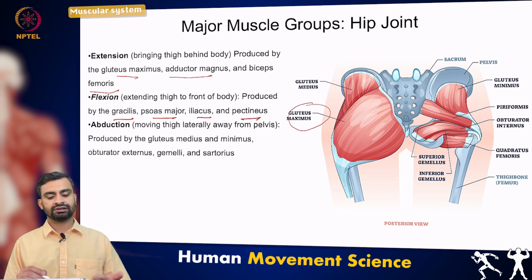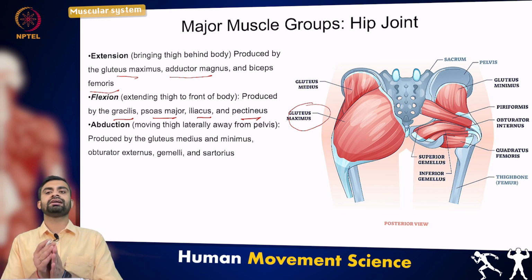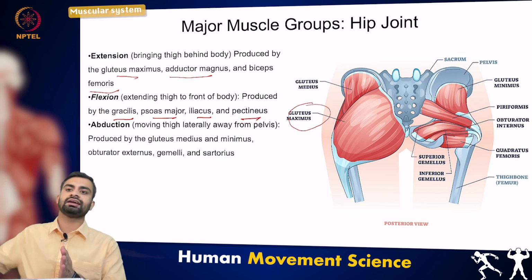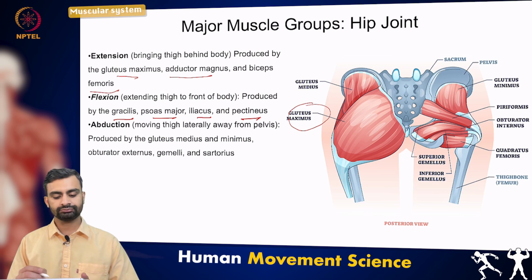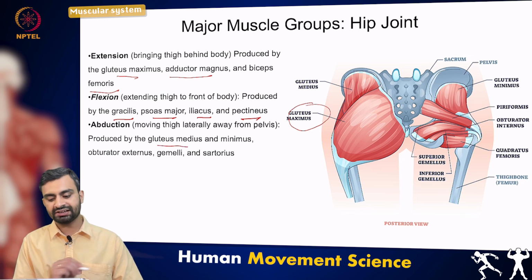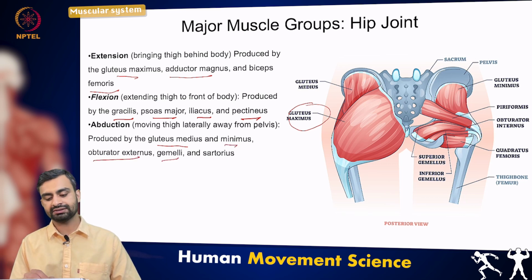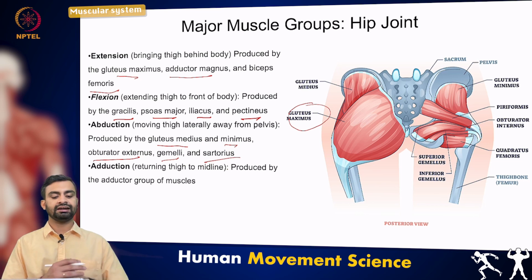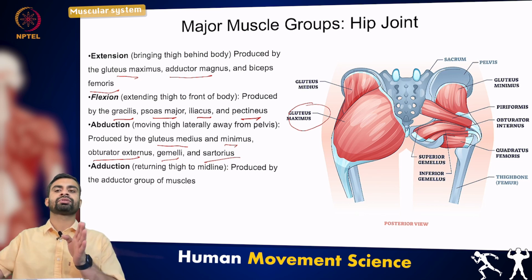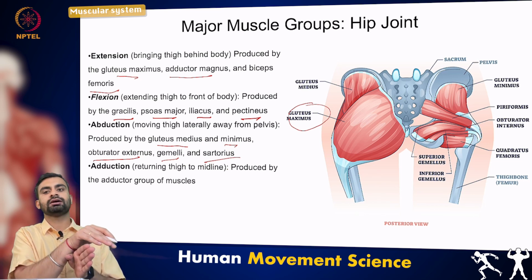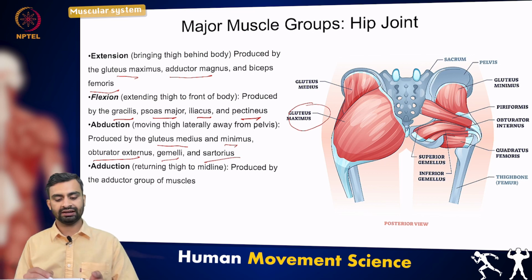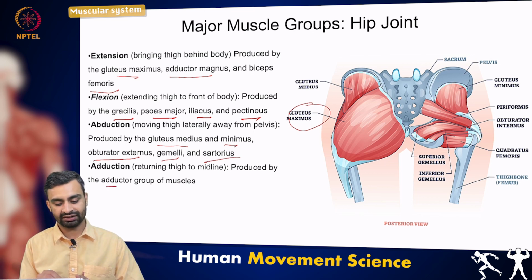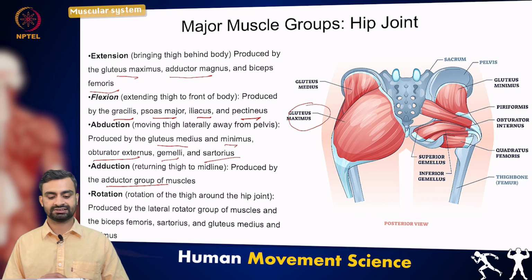Abduction, in which you are moving your thigh laterally away from the pelvis, like you are kicking outside towards the side, is being produced by your gluteus medius and minimus, obturator externus, gemelli, and sartorius muscles. And adduction, where you are bringing your thigh towards the midline of the body, is being produced majorly by the adductor group of muscles.